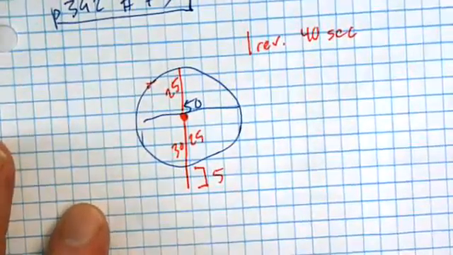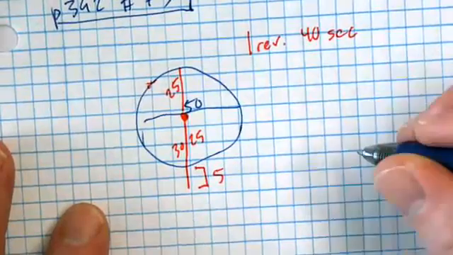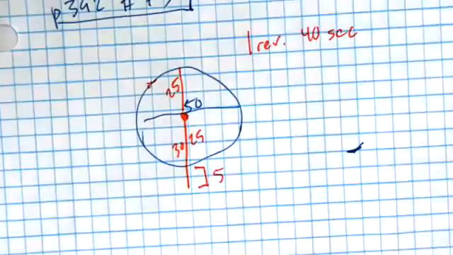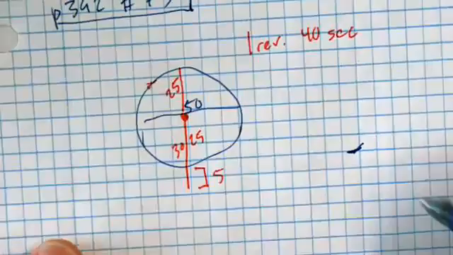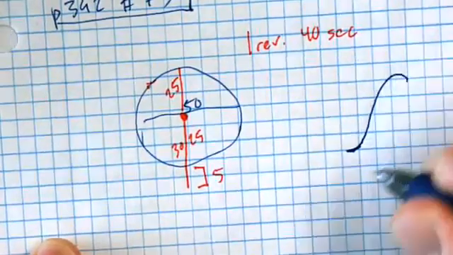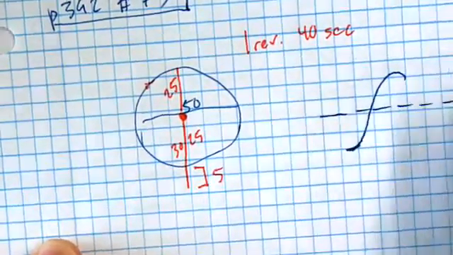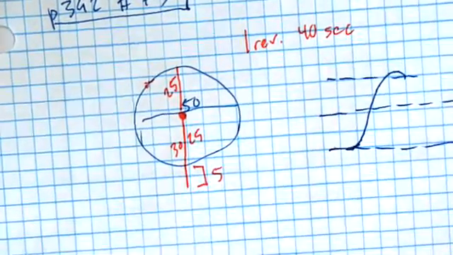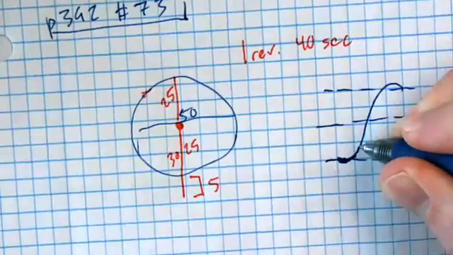It says how long after they're at a low point. That makes me think that I want my sinusoid to be starting out at a minimum. Right, and so let's just go ahead and do 1 full period. This would probably be smart if I kind of drew my max and min lines in here. Let's do 1 full period, starting off at a low point.